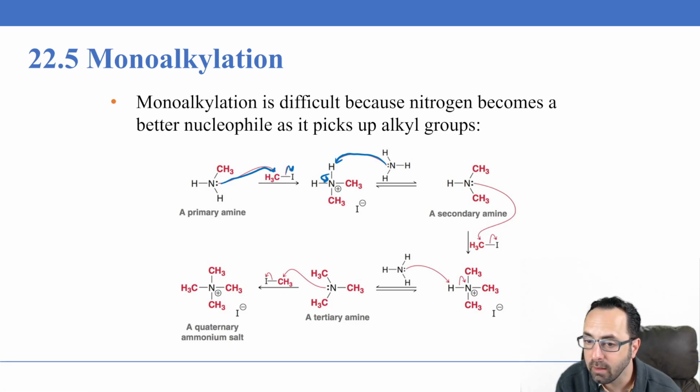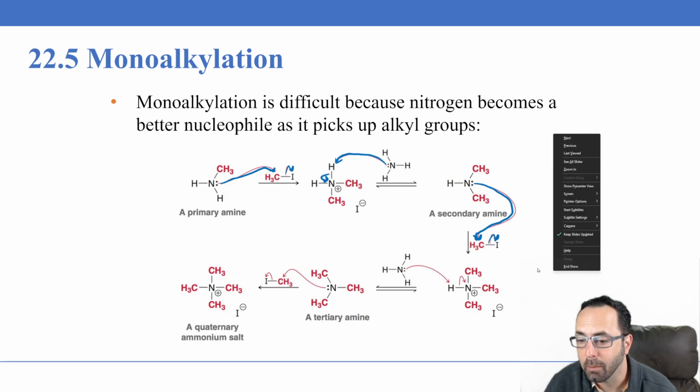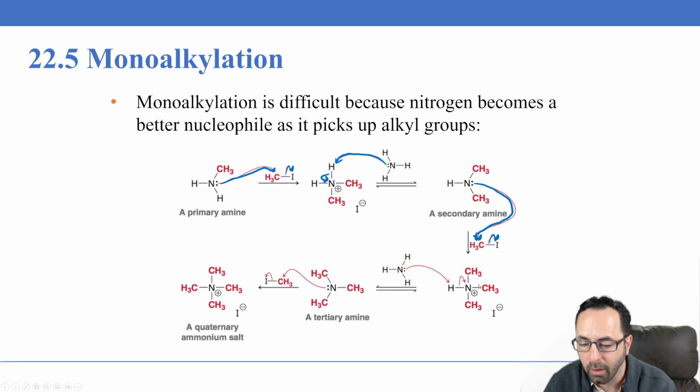However, it's still a decent nucleophile, so if there's more of the methyl iodide, or whatever your primary alkyl halide is, it will do a nucleophilic attack again. At that point, the nitrogen lone pair will be used to make a bond, and so the nitrogen will have 3 bonds to carbon, 1 bond to hydrogen, giving it 4 total bonds and no lone pairs, for a positive formal charge.